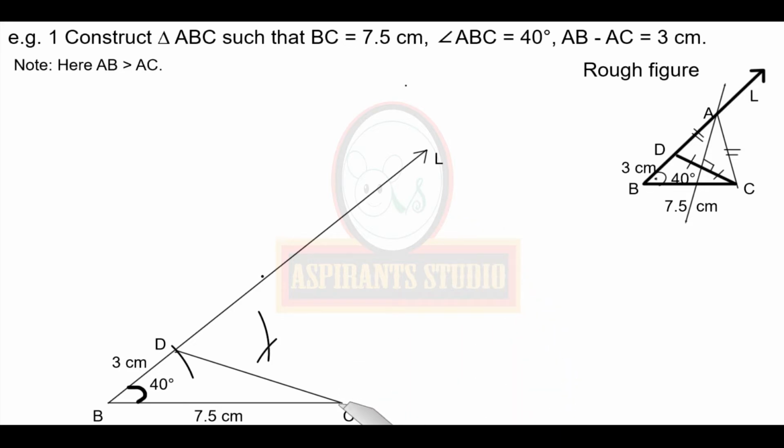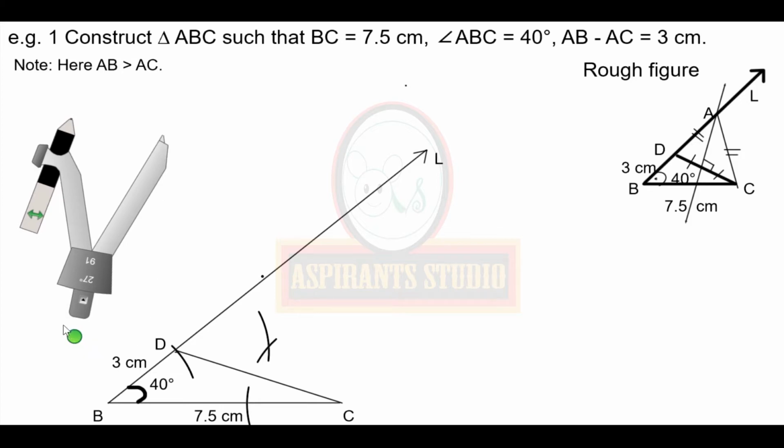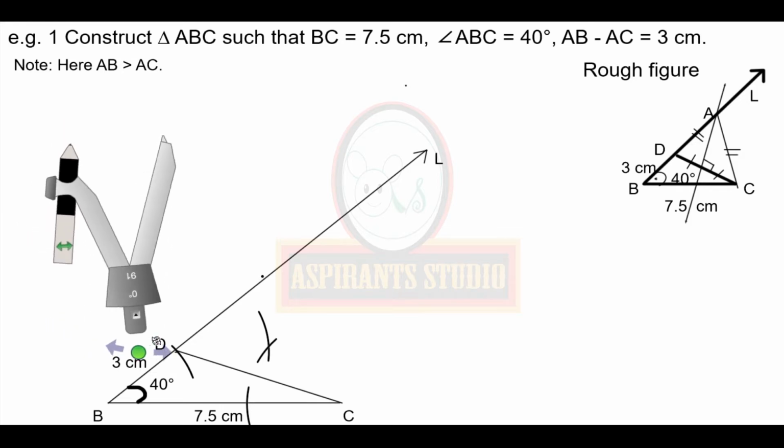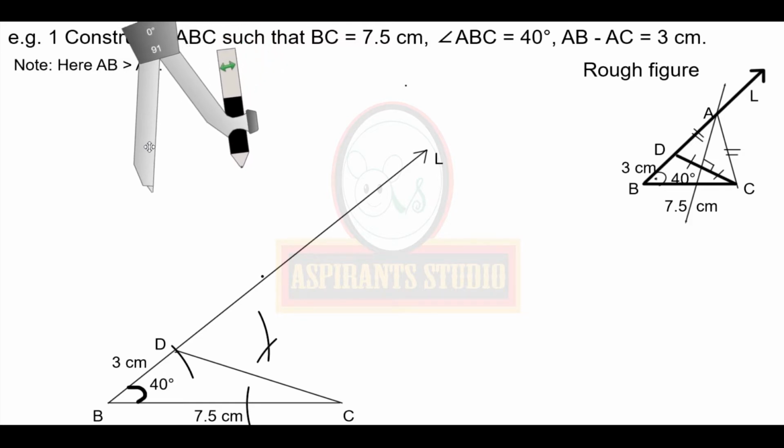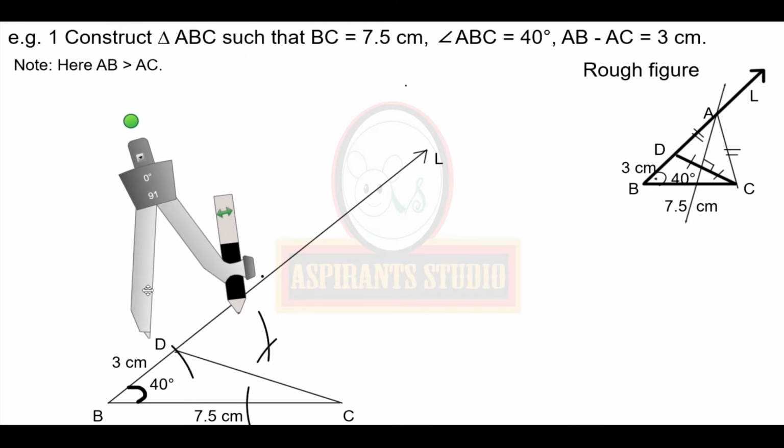The first arc which we drew downwards is not seen, so I'll do it once again. Keeping at D, I have to cut the other arc and show it to you because it is not seen.